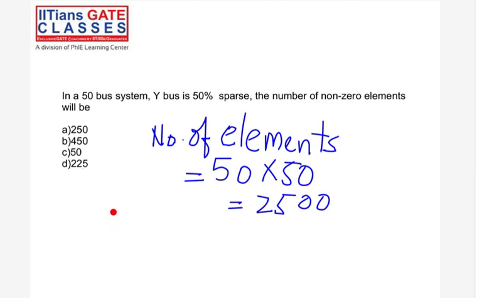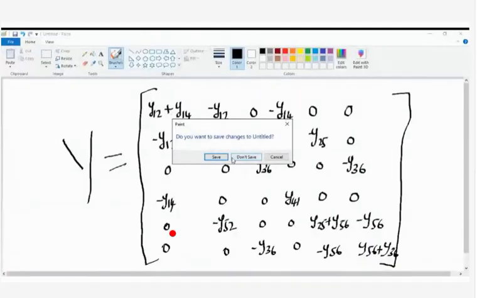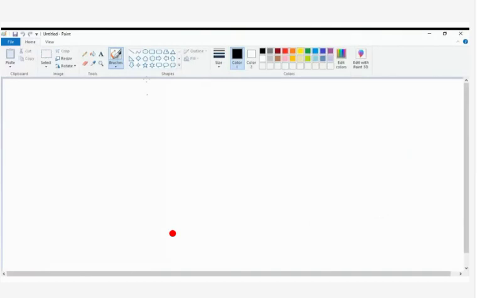Anyway, 50% sparse means the number of non-zero elements is... The number of elements is equal to 50 into 50.